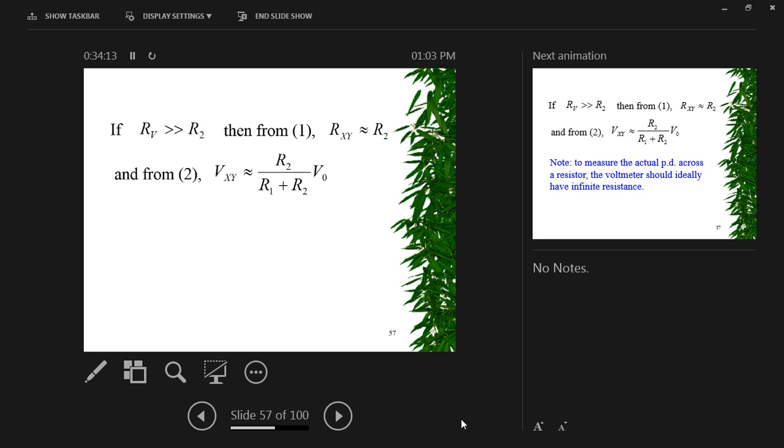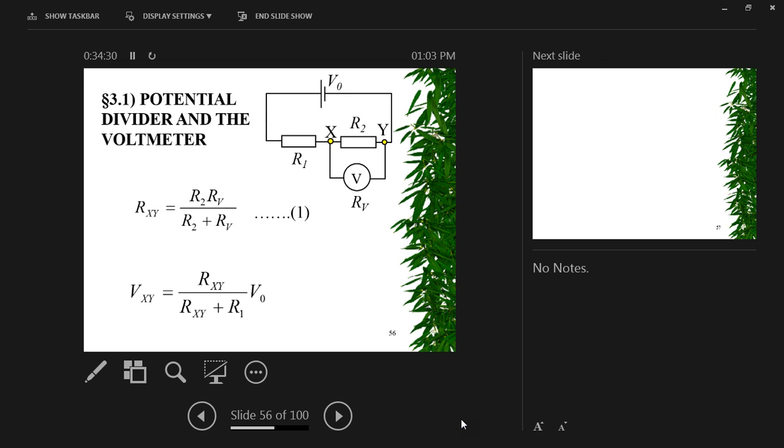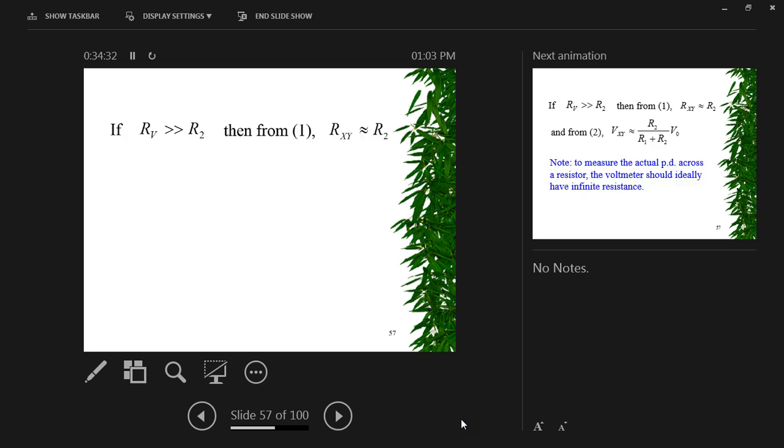Your formula reduces to the formula that you expect. So if you let Rxy equal R2, which means that this resistance is infinite, you will get this simple result, which we expect.